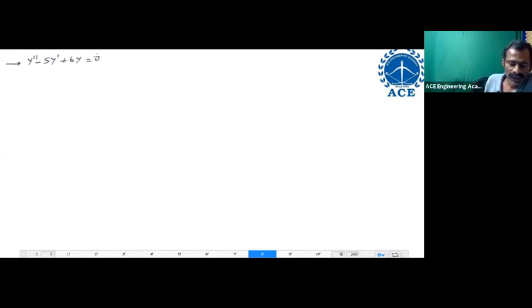In this differential equation, the highest order derivative is second order, so it is a second order equation. In every term, either y or its derivative is present, therefore it is a homogeneous equation. And also the power of the dependent variable is 1, the powers of the derivatives are 1. So this equation is linear, there is no product of y and its derivatives. Next, its degree is 1 because the highest order derivative is second order and its power is 1.